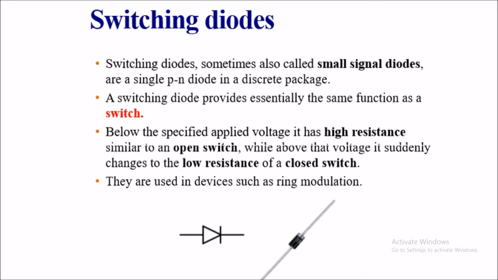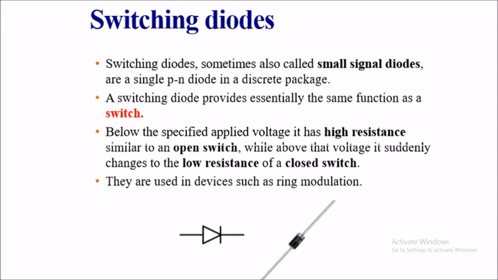Switching diodes. In this type, switching diodes, sometimes also called small signal diodes, are a single PN diode in a discrete package. A switching diode provides essentially the same function as a switch. Below the specified applied voltage, it has high resistance, similar to an open switch, very high resistance.